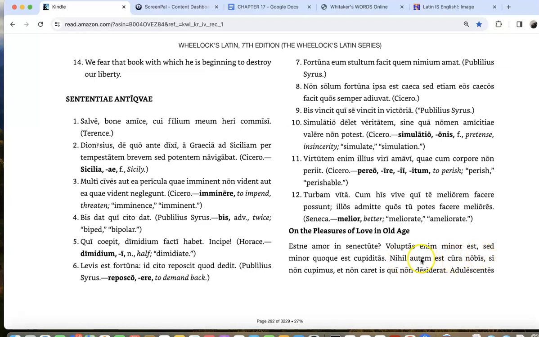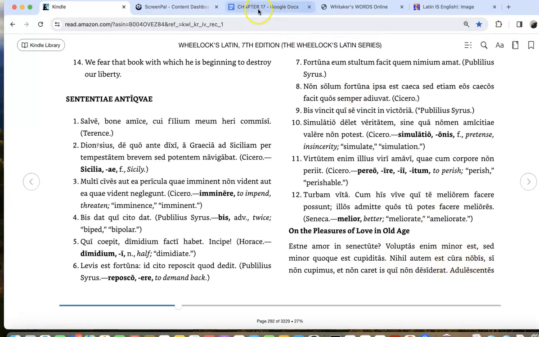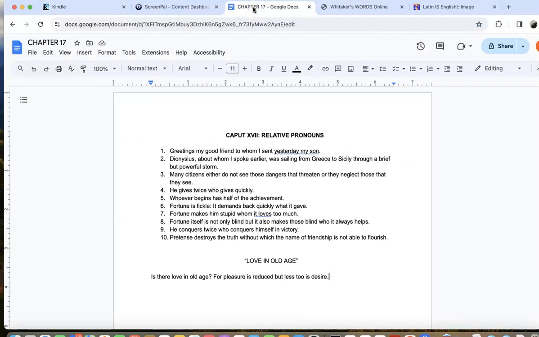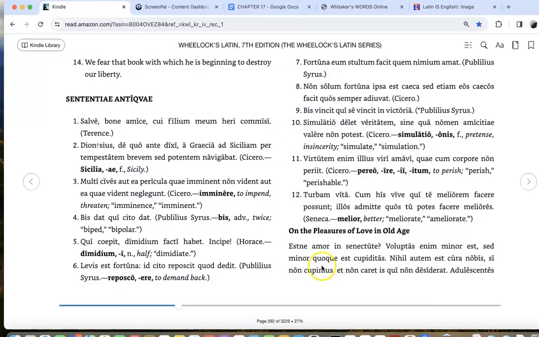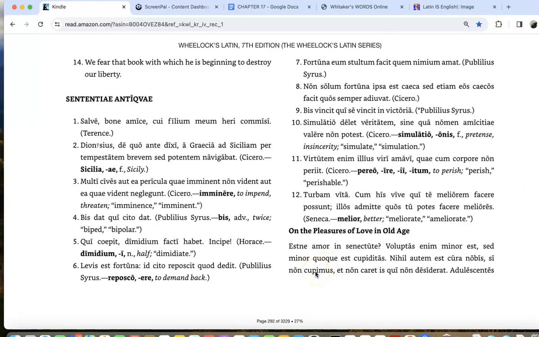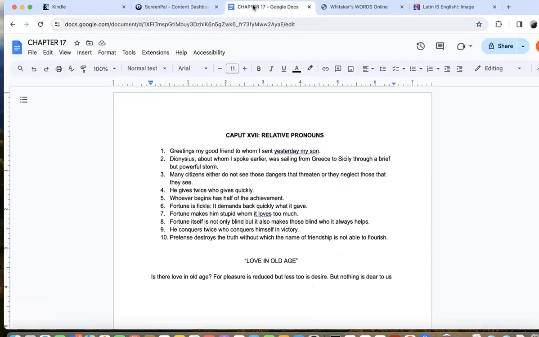But nothing is dear to us. So let's focus on this. Right. So, but nothing is dear to us. That one's pretty straightforward if you just look up the vocab here. But nothing is dear to us if we do not desire. In other words, that if we do not desire it, is sort of the implied object here.